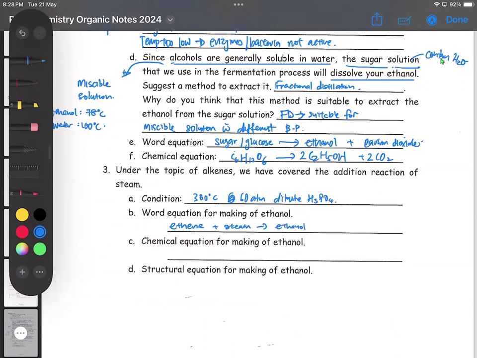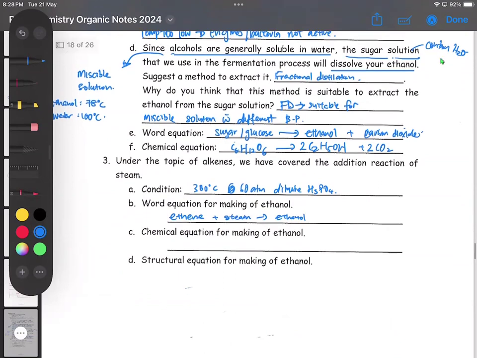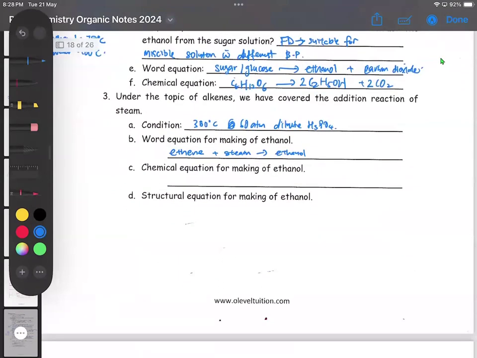And remember, for addition reaction, there's only one product. So quick recall over here, C=C double bond plus water. Previously it was a double bond. We break the double bond, now it becomes a single bond with 2 more extra bonds here.